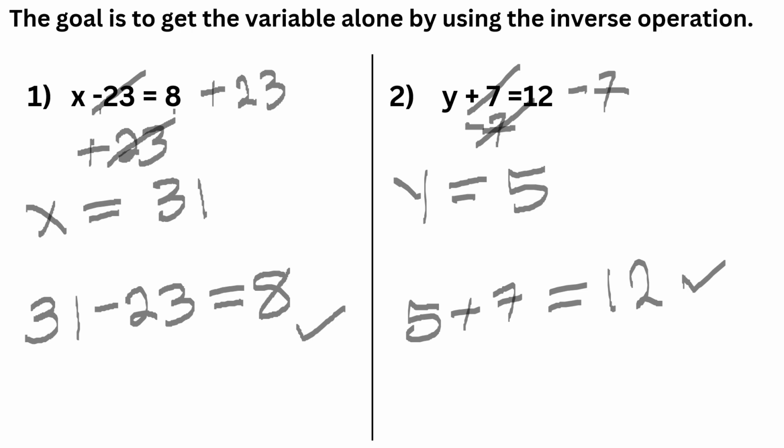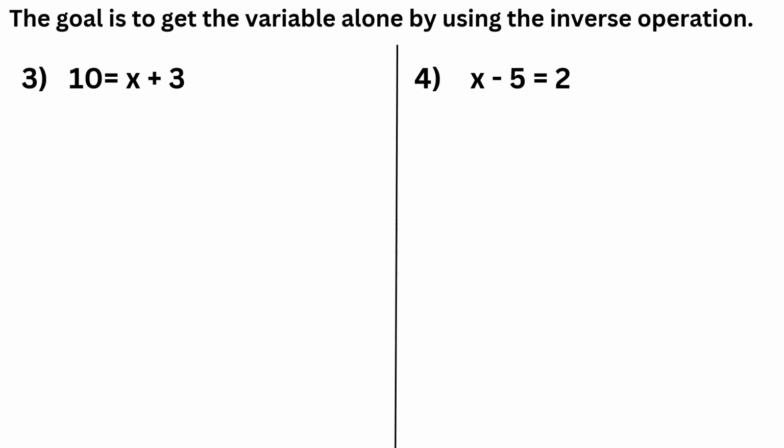So I wanted to work on the next example. Make sure you have a right answer. So let's do that together here. So we have 10 equals x plus 3. So in order to isolate x, remember that we are doing the inverse operation.